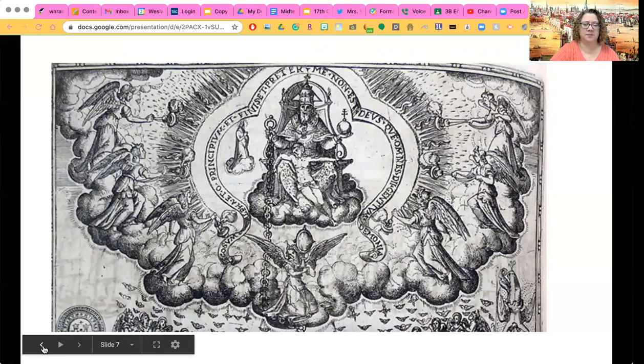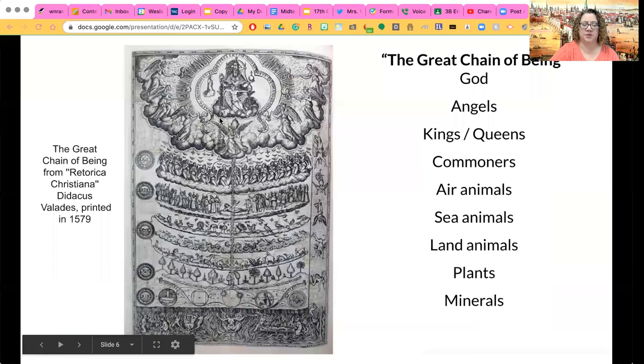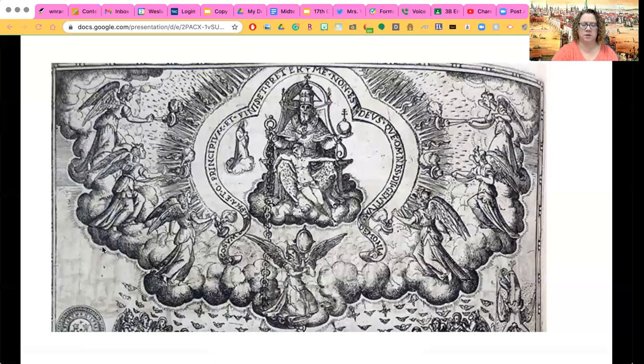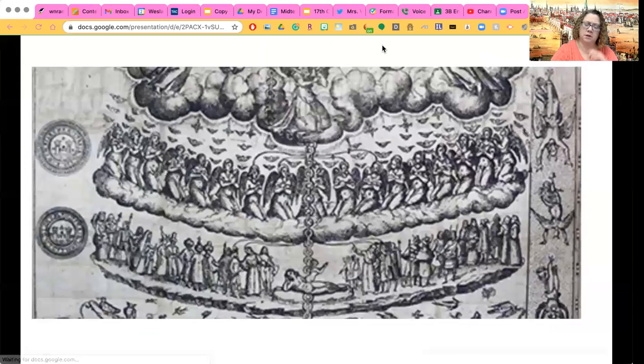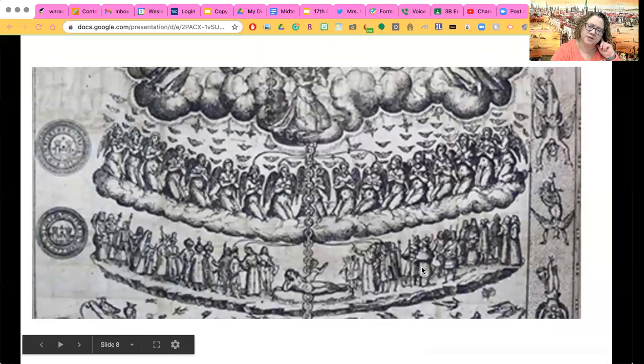Let me go back and you can see the chain extends through his hand down through all of these creations, to show his creation and also to show how interrelated everything is in nature. Here are the angels. Here are the humans on Earth.